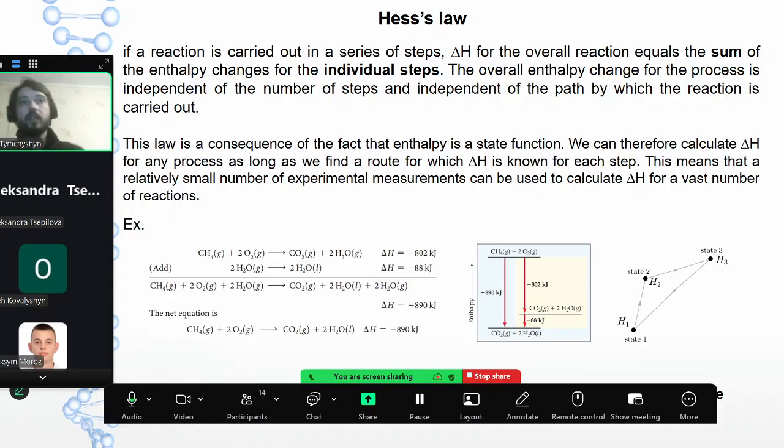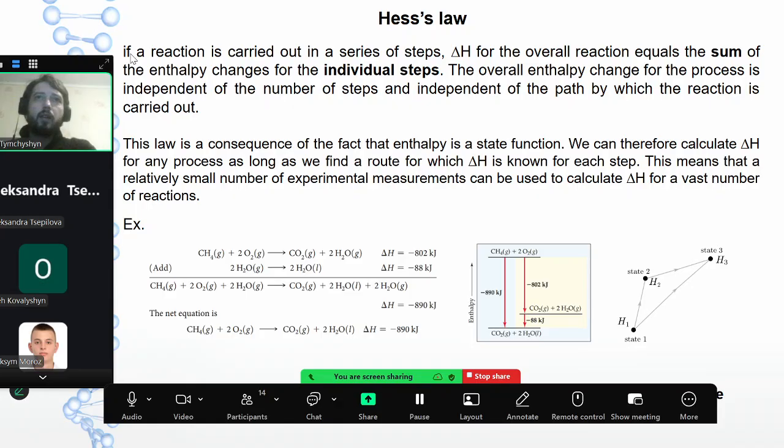When the reaction proceeds, this system is basically traveling from one state, where we have our initial chemicals mixed in that beaker, to the final state where we have the results of our reaction. So we have some products.